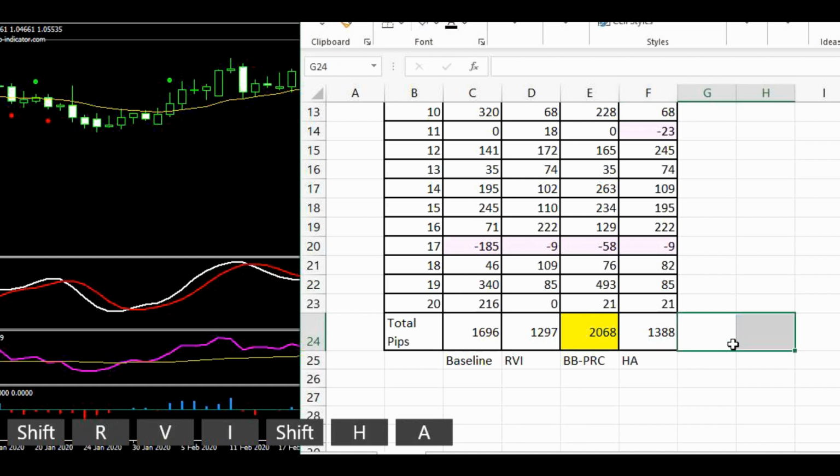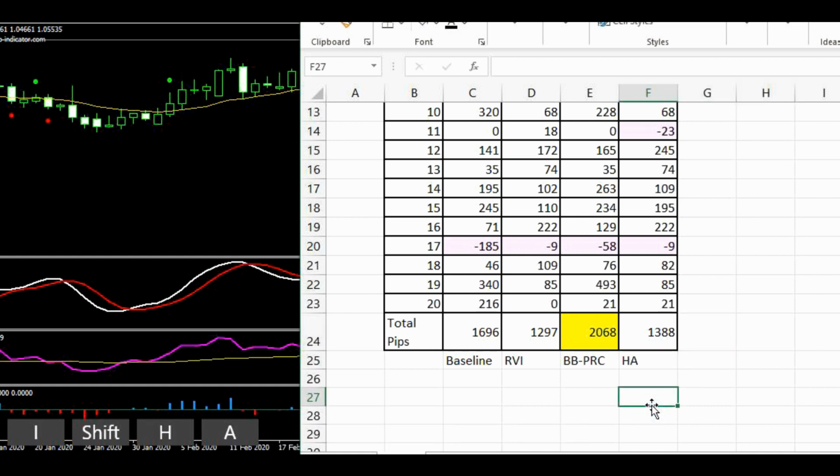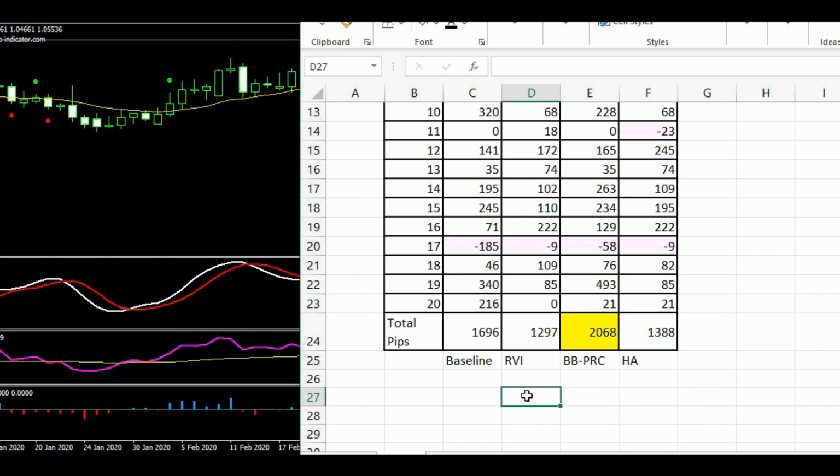Now look at the differences here. It's quite a bit of difference. BBPRC gave us an overall of over 2,000 pips. Baseline was next with 1696. And then the Heikinashi, and coming up last was RVI. Interesting, because that's the one I started my algorithm with.